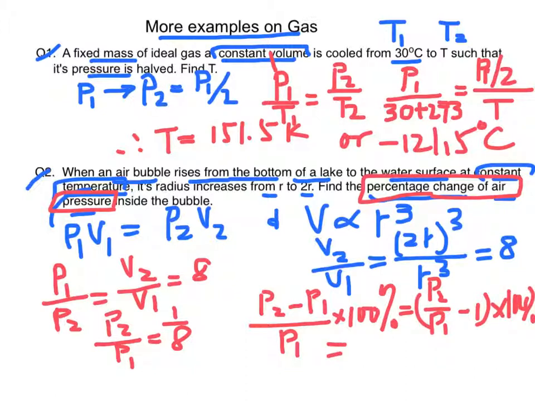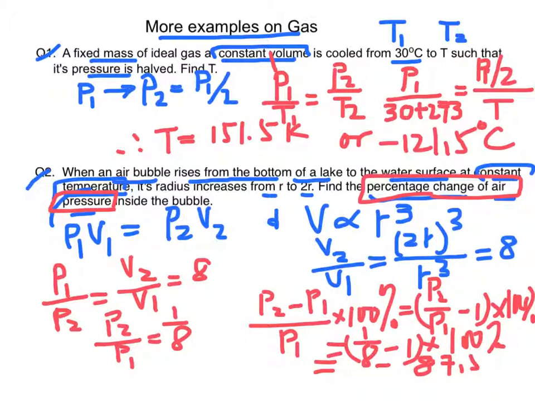The result is 1 over 8 minus 1 times 100%, which is equal to negative 87.5%, which means the pressure decreased by 87.5%.